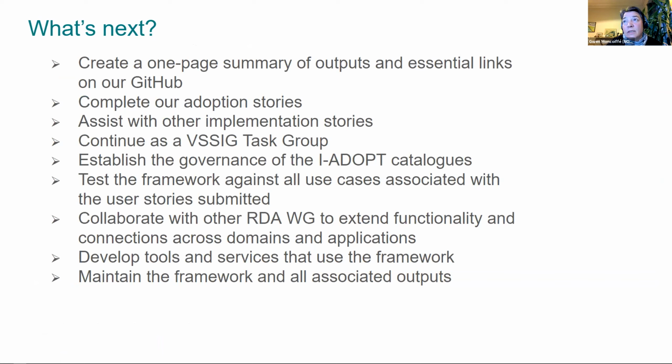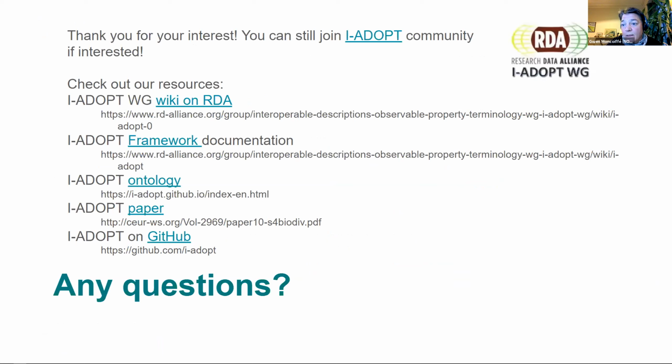This is what's next. We are seeking to become a task group under VSSIG, and then to carry on collaborating with other working groups and to develop tools and services that use the framework, as well as maintain the output of our working group, and those are the essential links. Thank you very much.